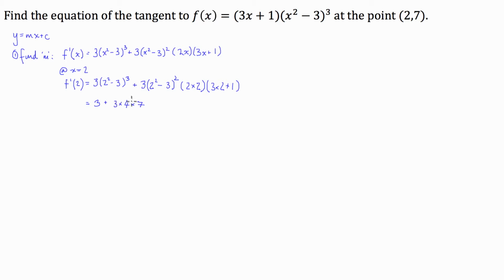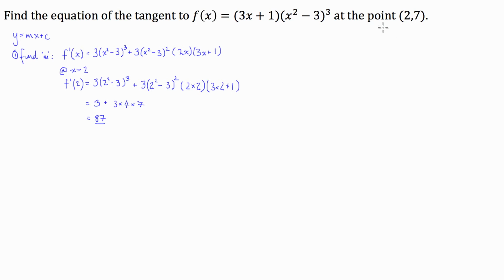Cool, so 3 sevens are 21, times 4 is 84, plus 3 is 87. So m in our tangent function is going to be equal to 87.